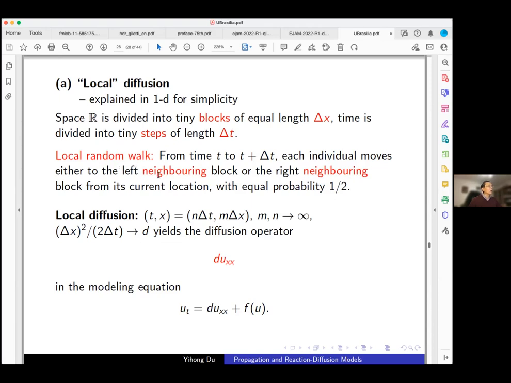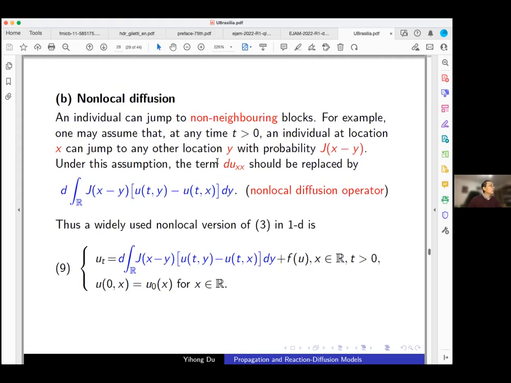Moreover, from the current time to the next time step, they only move to the neighboring interval from their current location. So neighboring is the key, that's why it's local diffusion. And in dimension 1, they move to either the left neighbor or the right neighbor with equal probability half. If you do that, after a limiting process, you derive this diffusion term in your equation.